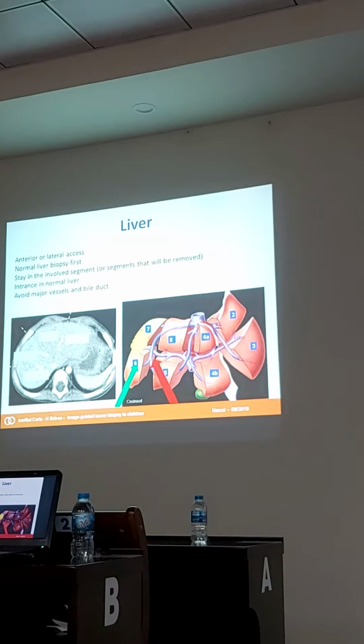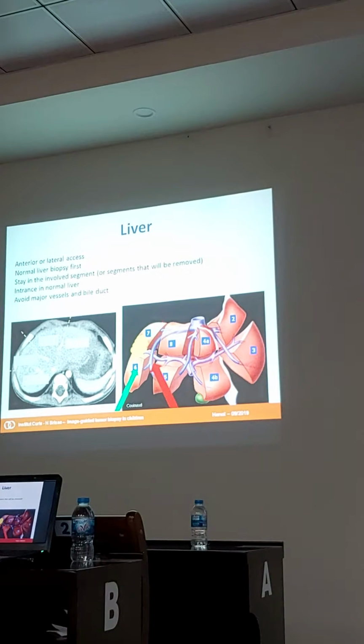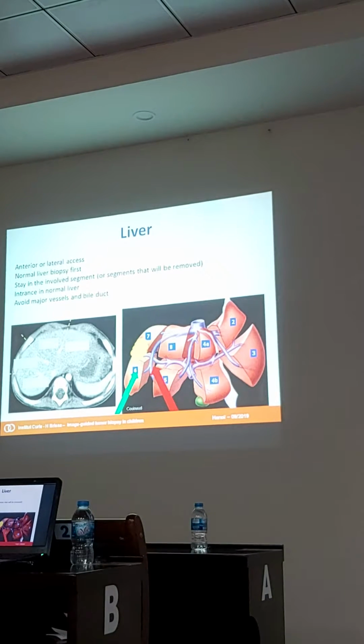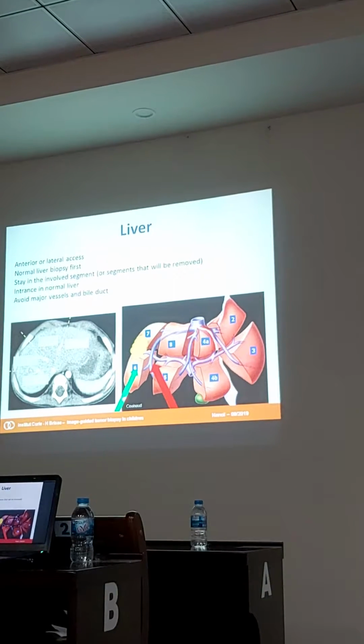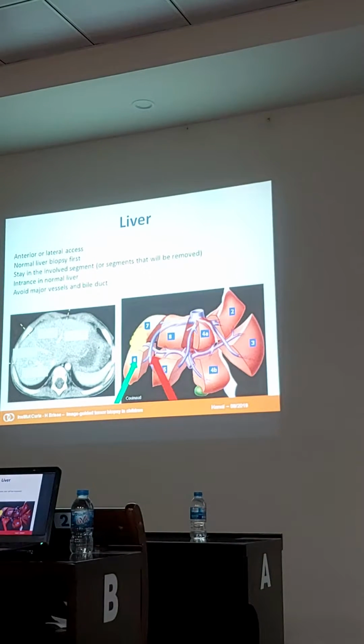But the surgeon will try to keep this sector when he will make surgery and just remove the posterior sector here. So you don't have to go this way. You should go always in the sector that will be removed by the surgeon. Okay?